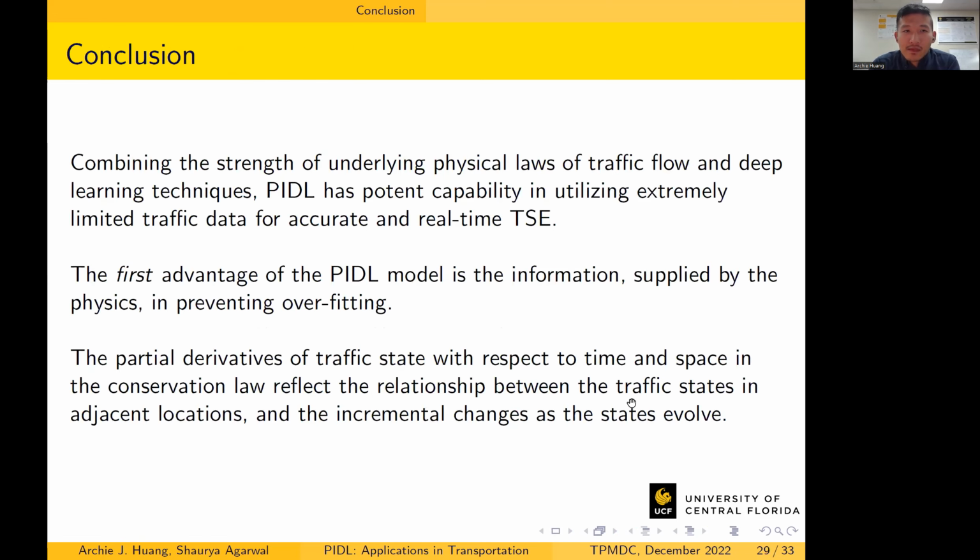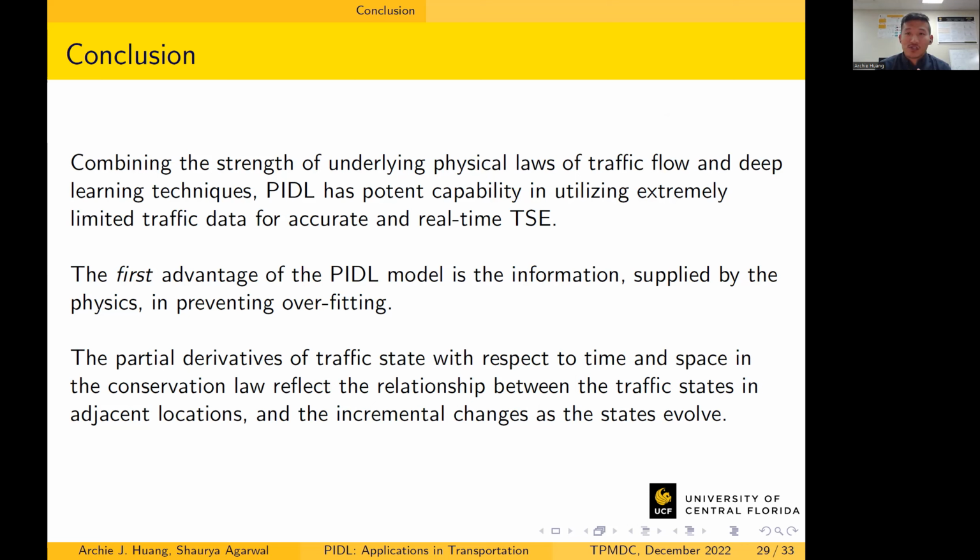We want to take this note because it points to the next research directions of PIDL. We want to investigate the relationship and further understand the reasoning behind PIDL performance with regard to hyperbolic PDEs and parabolic PDEs. To summarize today's presentation, let me talk about the advantages of PIDL in transportation applications.